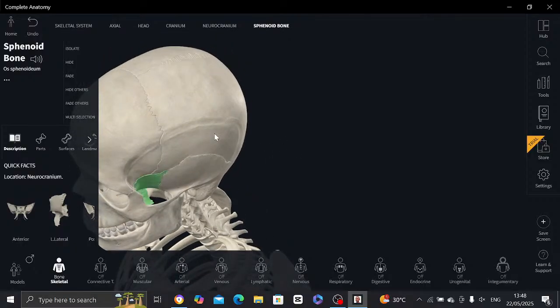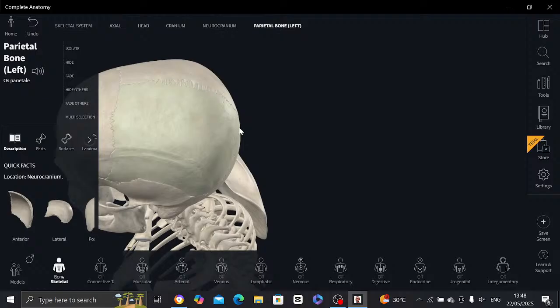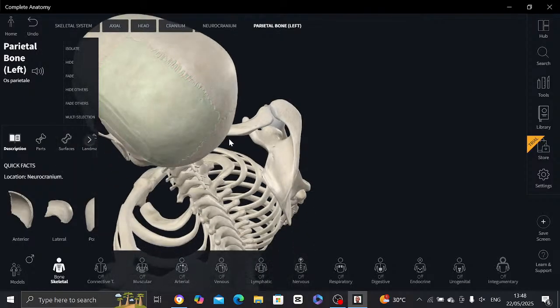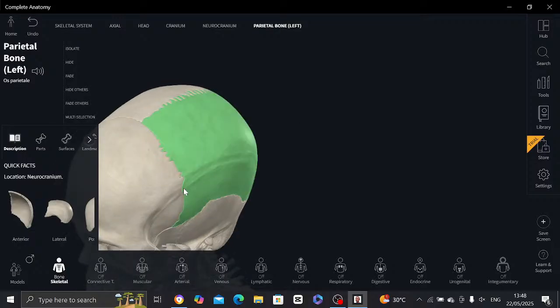The connection of the parietal bones to each of these bones also marks the location of some important sutures in the body. Anteriorly we have the frontal suture, also called the coronal suture. This ragged line is the point of attachment of the parietal bone to the frontal bone in front.